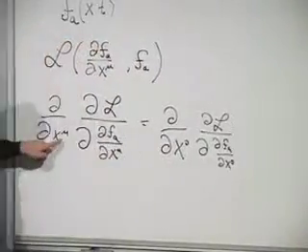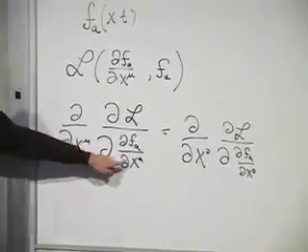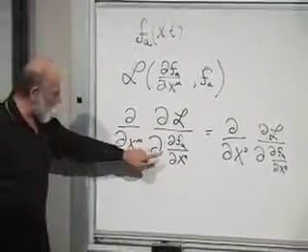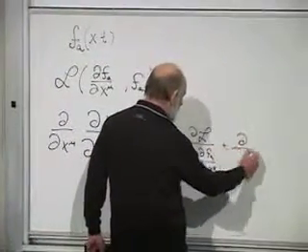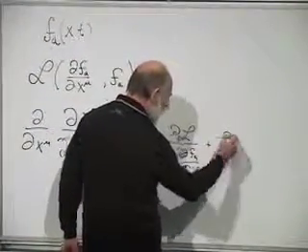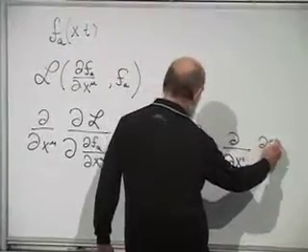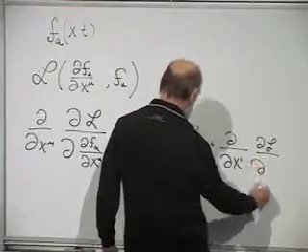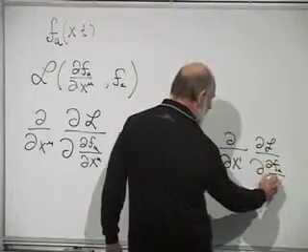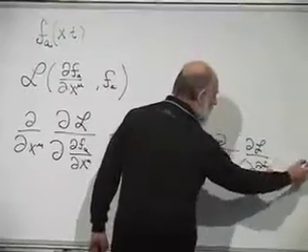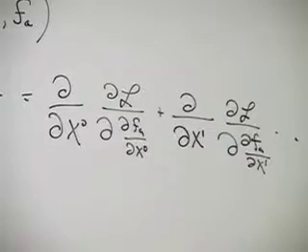Remember the Einstein summation convention, whenever you see a repeated space-time index like that, it means you sum over it. So there's also the derivative with respect to x1 of the same kind of thing, the derivative of the Lagrangian with respect to the derivative of f_a with respect to x1, and so forth and so on for the other 2 coordinates.